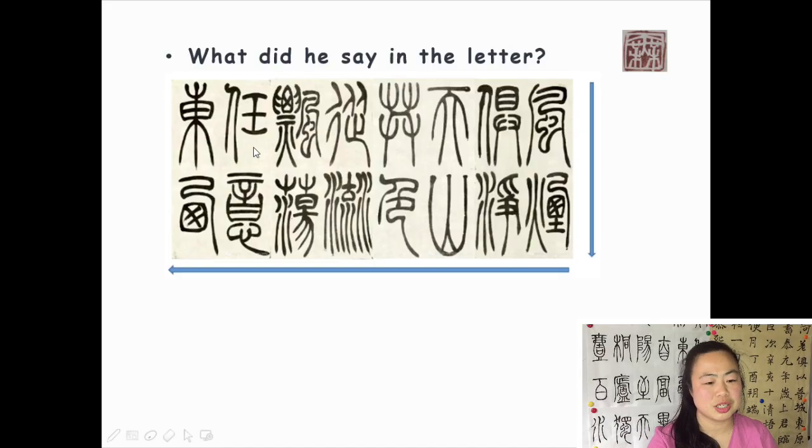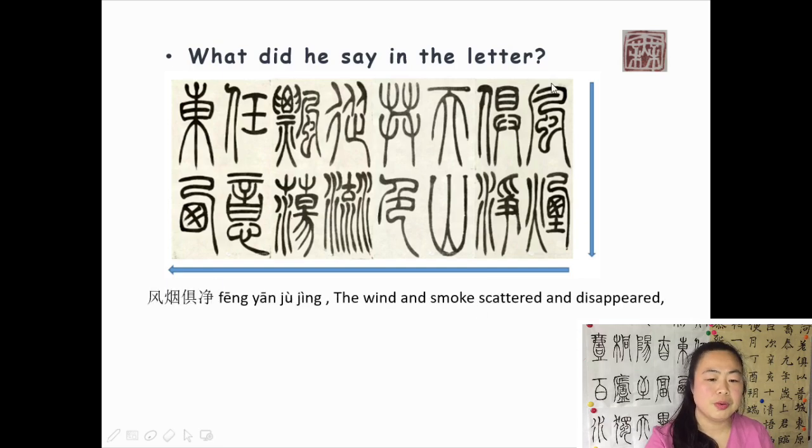Okay, now here I share the first few sentences from this book. The first thing, by the way, is that in ancient Chinese articles, we read from the upper side to the bottom, and from right to left, which is opposite from the modern reading system, right?